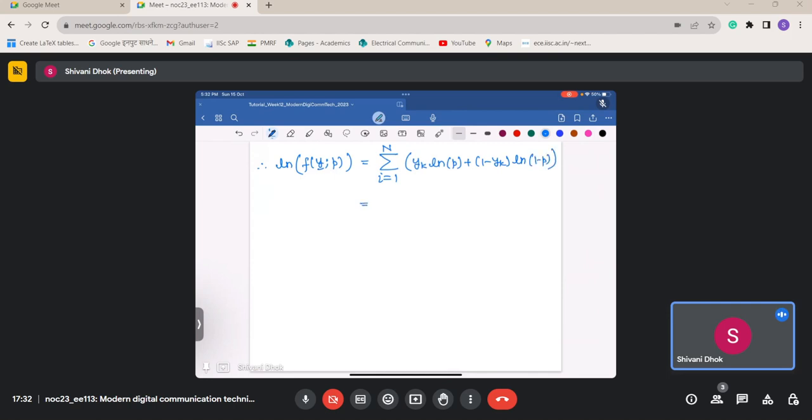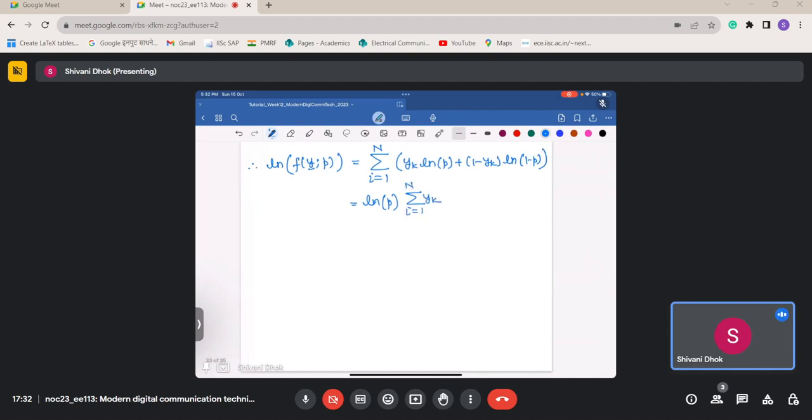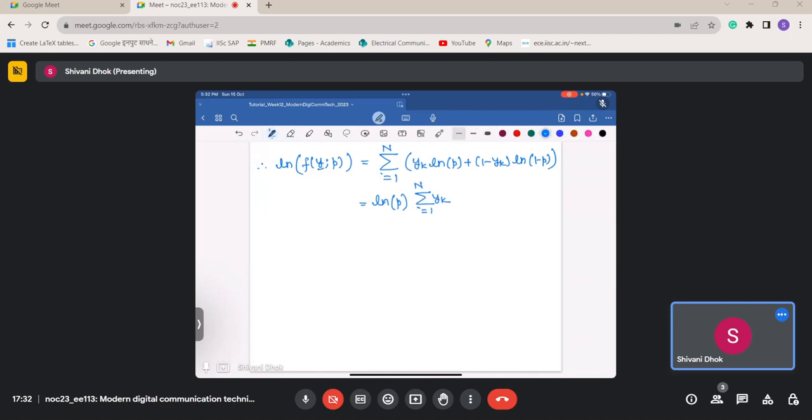Now I can write it as log p times summation k equal to 1 to capital N of yk, plus n times log of 1 minus p, minus log of 1 minus p times summation k running from 1 to capital N of yk.